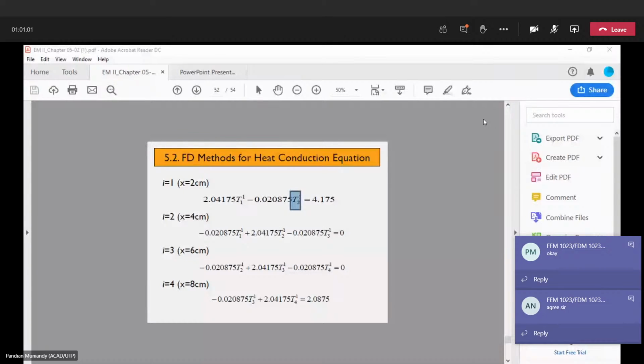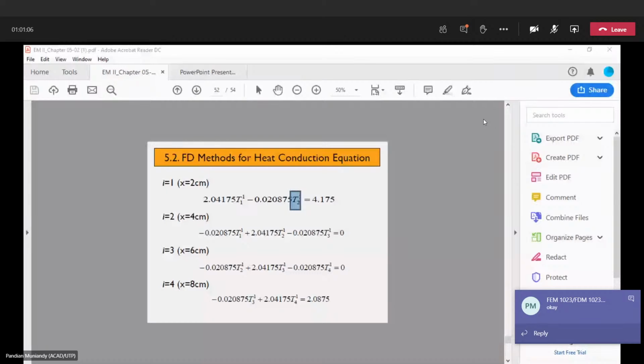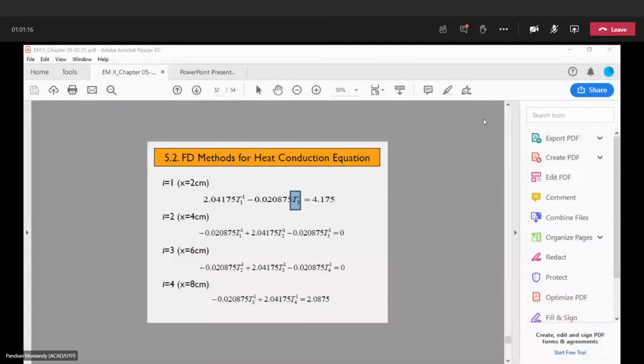Now T12, T superscript 1, subscript 2, from equation number 2. T12 equals 0.020875 T13. T13 you already have, so T13 is 0.00021, plus 0.020875 T11.